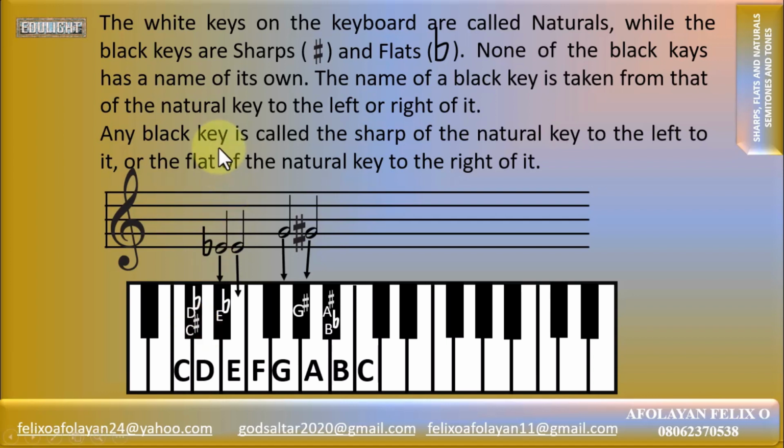You can see the sharp here, C sharp. This is the name of this black key. It's called C sharp, and at the same time, it can also be called D flat. You can also call this one D sharp or E flat, and so on like that. We will understand it in the next slide.